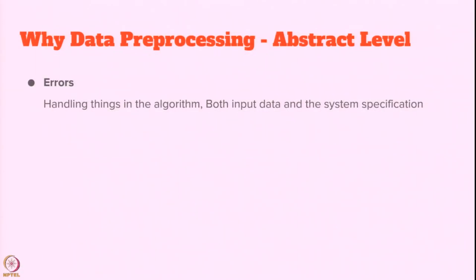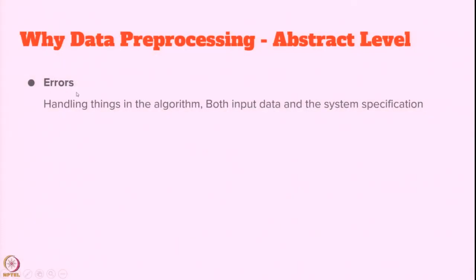When we collect the raw data, there are chances that the data may not be complete. So in those cases also we have to use data preprocessing. What you mean by error is, for example, a missing value is one of the simple examples of error. You are collecting the data and some information is missing.